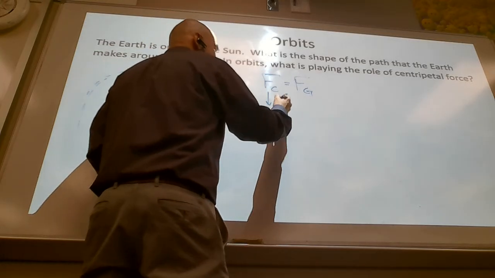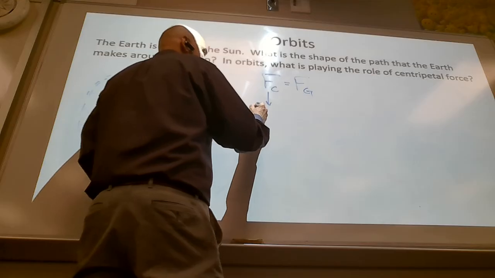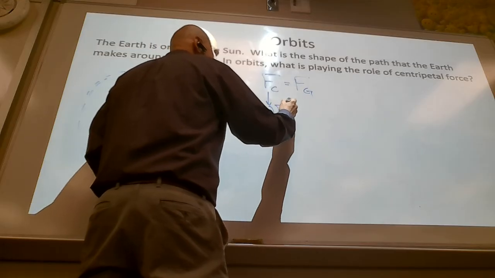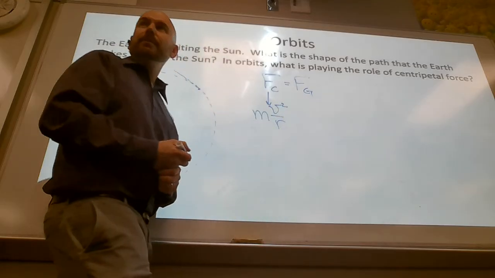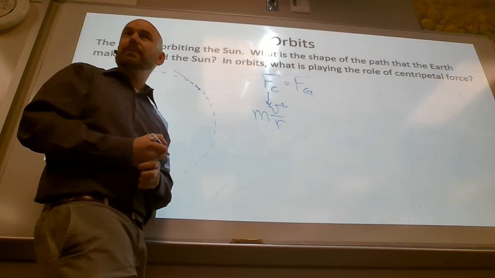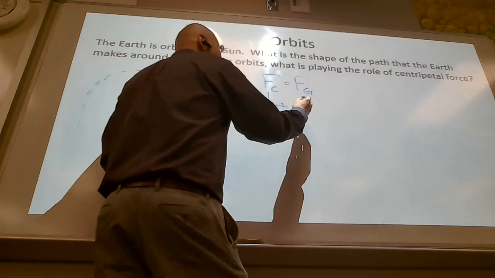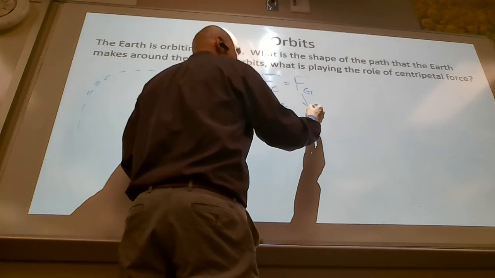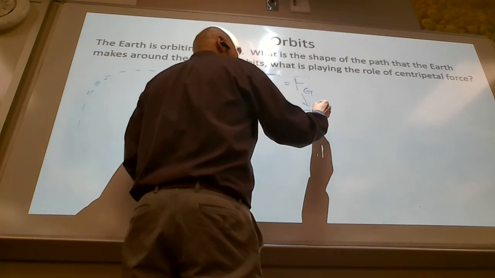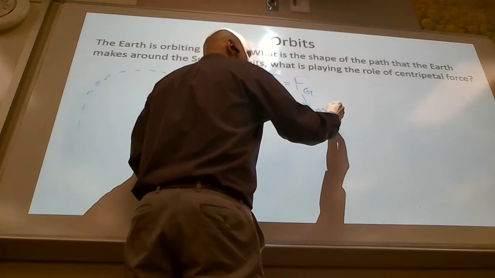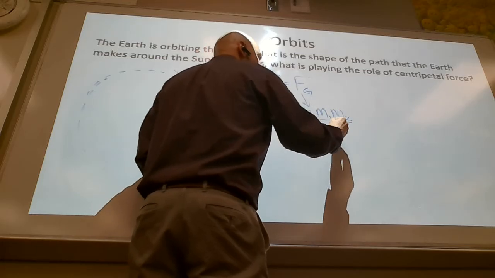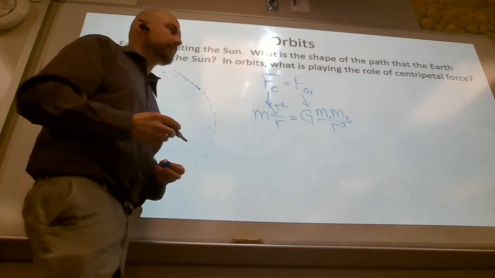So now centripetal force, we know that is equal to mass times speed squared over the radius. And we know that gravitational force is equal to gravitational constant times m1 m2 over r squared.